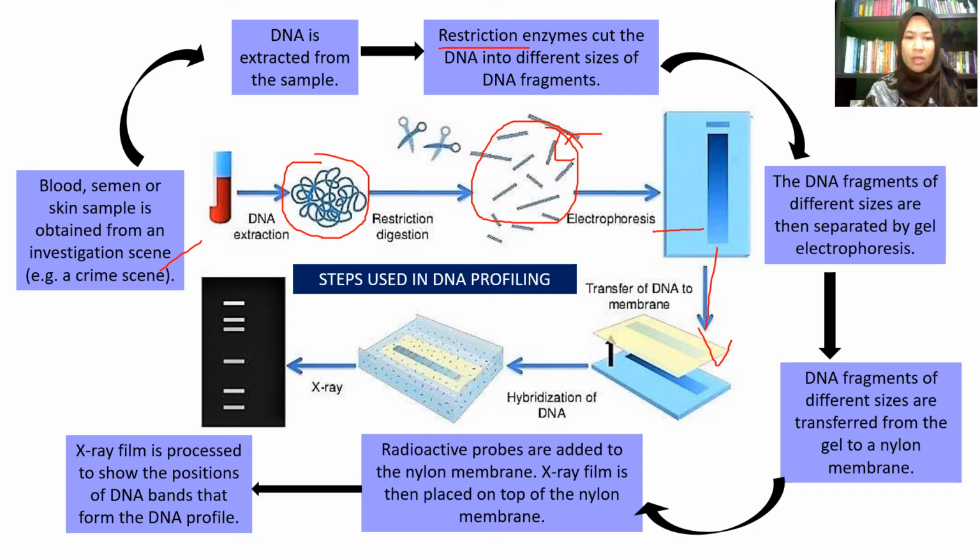Then X-ray film is placed on top of the nylon membrane and processed to show the position of the DNA bands that form the DNA profile. Okay, so please memorize the steps and please understand the steps.